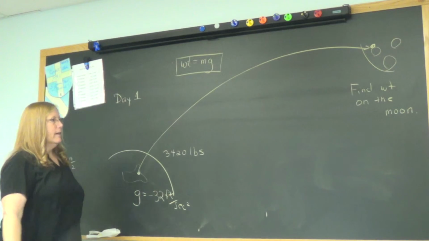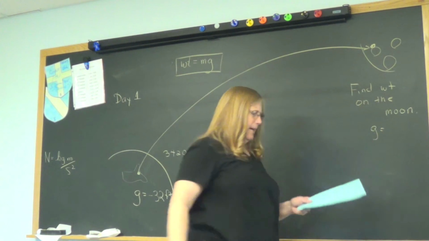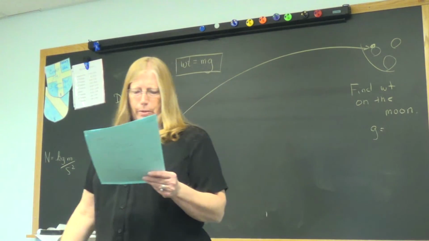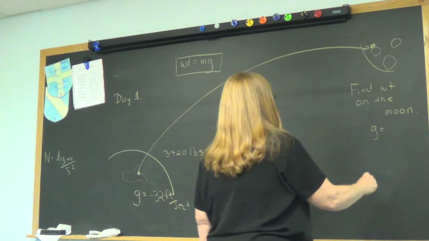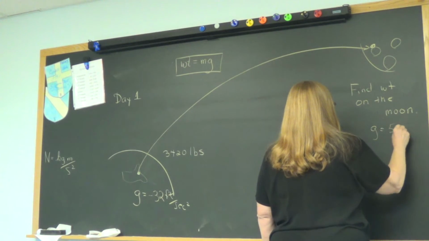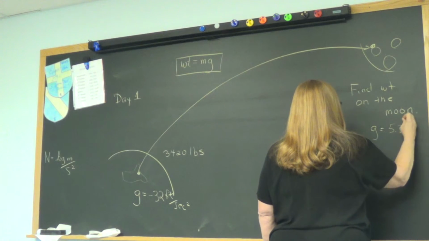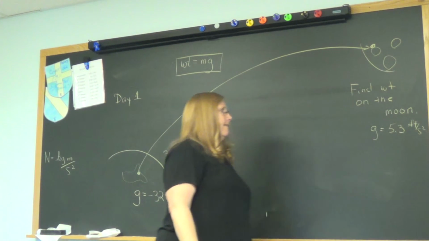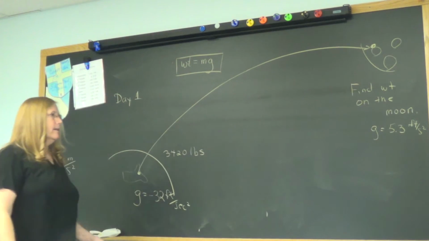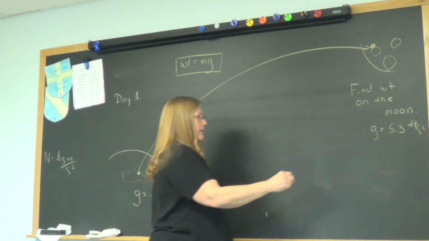And then over here, the gravitational constant of the moon is about 1/6 of the Earth, so we're going to use 5.3. Is that a negative number? Yeah, when we put it in, we will make it negative. Well, I can call it negative now.